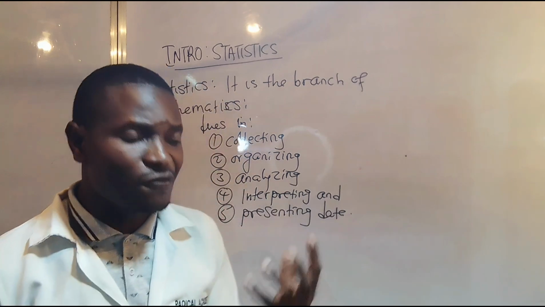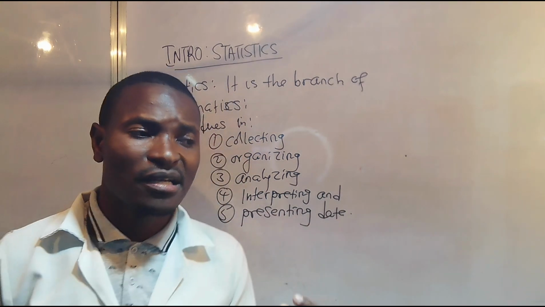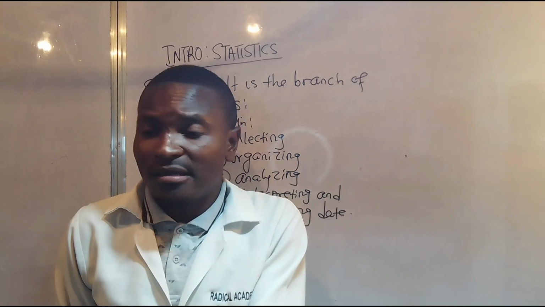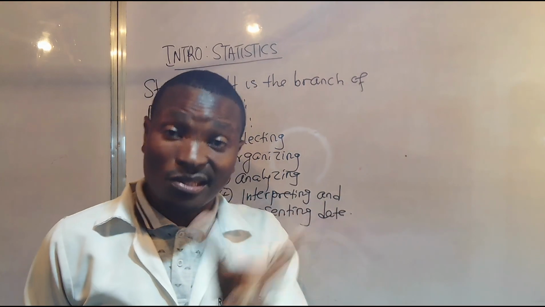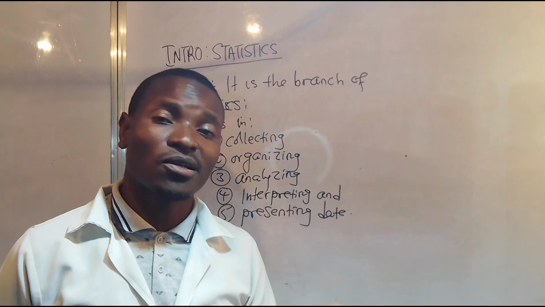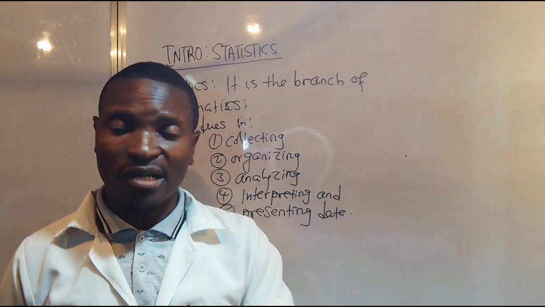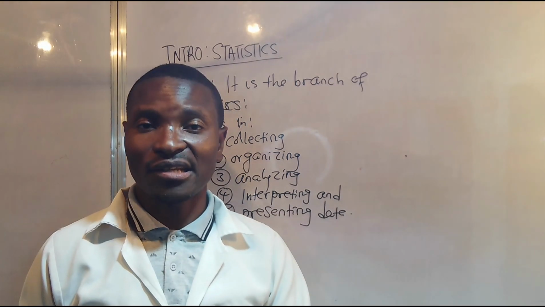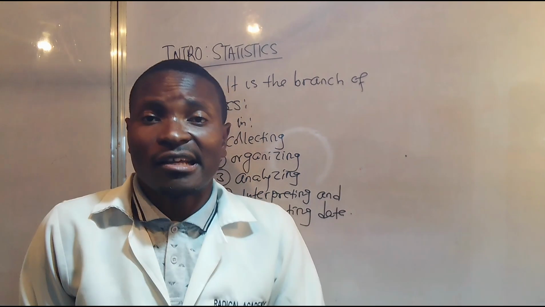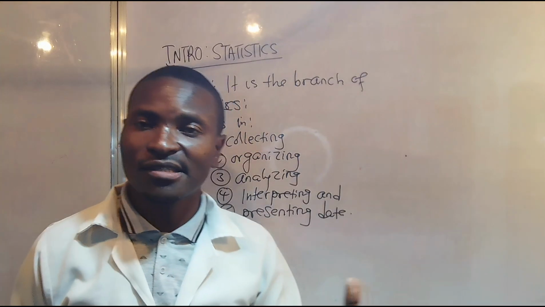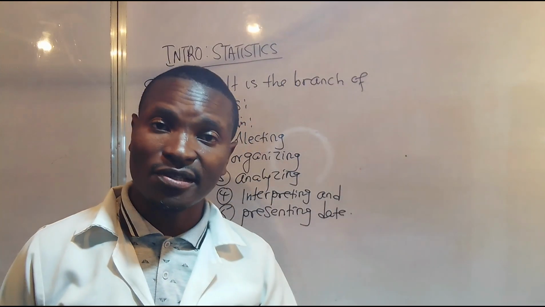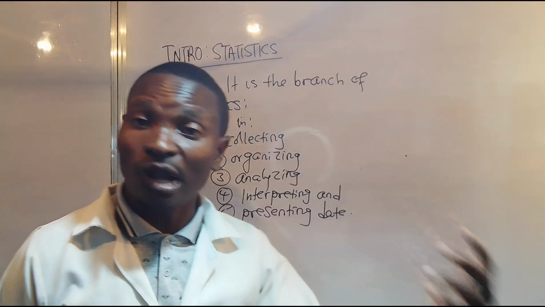You can't make a decision without having any data on which you are basing your decision. So you must always collect something in order for us to understand the implication of anything that you are trying to decide. So you collect the data, you organize it, and you analyze it.